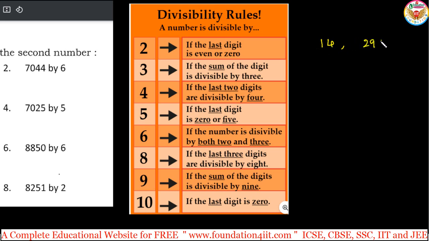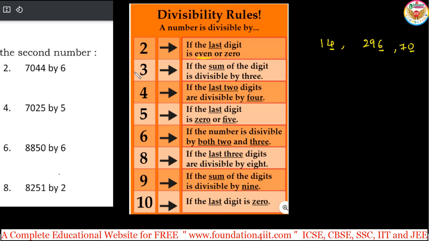Like 296, you should check only the units place. If the units place is either even or 0, like 70, it is divisible by 2. That means take 70 and divide it by 2, you'll get remainder 0. It's perfectly divisible. So the rule for 2 is the last digit is either even or 0.